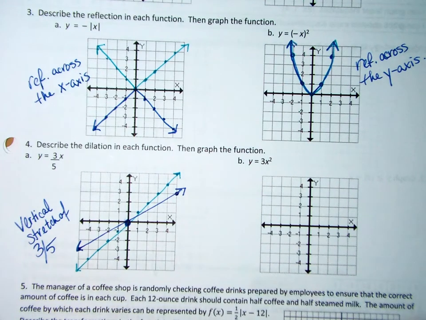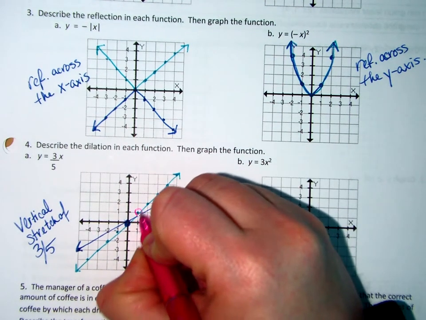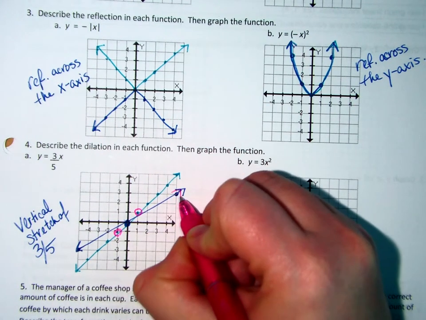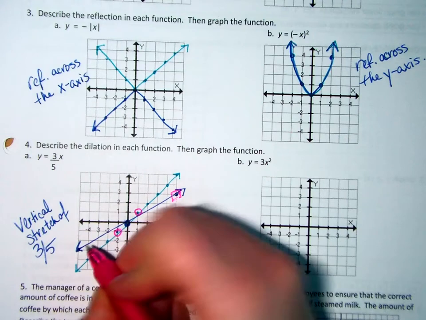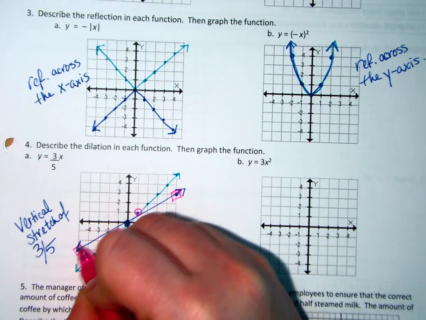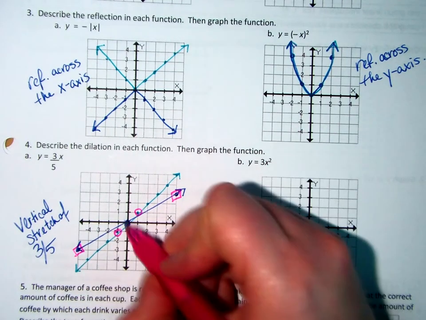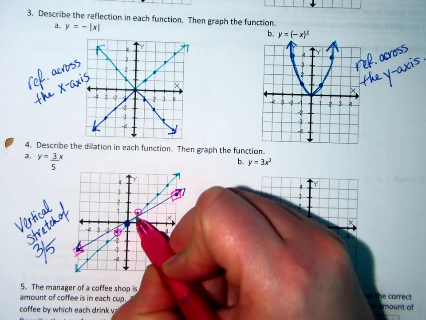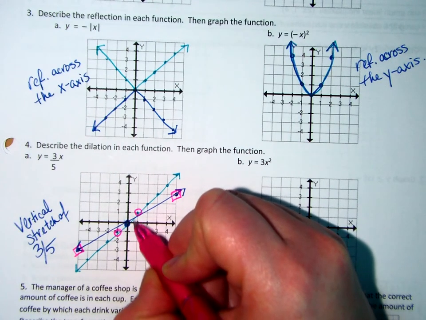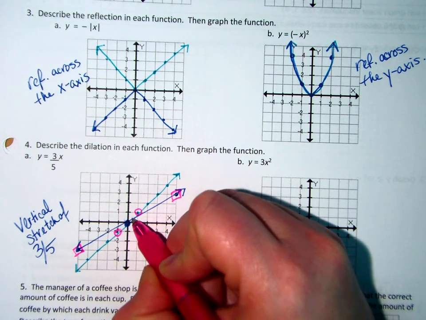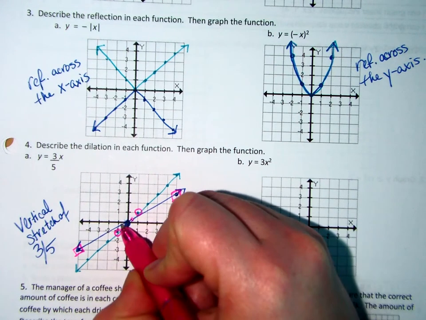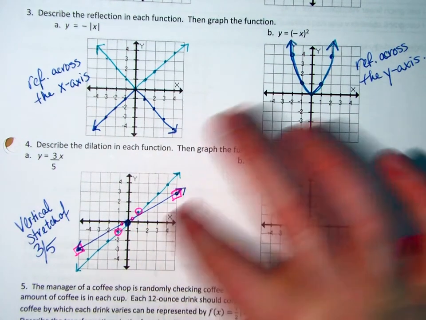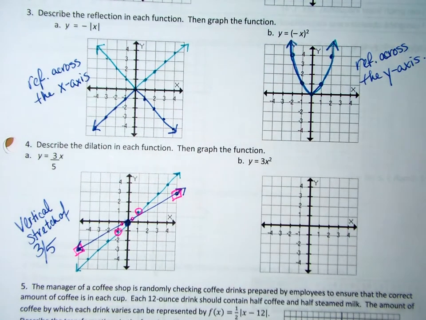My first point here actually stretched out this far, or you can think about it as I moved out 3 and up a fifth. So 3/5 of the way, instead of moving 1, I actually shrunk down here, and it could be these points here as well. I like to think of it as moving the first point out that far.